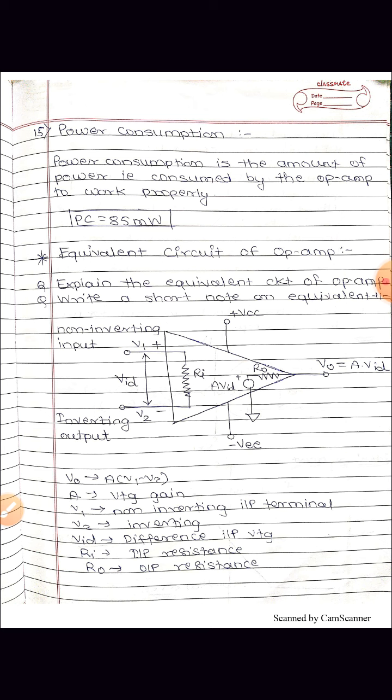VID, what is that VID? It is the difference in input voltage. Ri is the input resistance. Ro is the output resistance. This is the equivalent circuit of the op-amp.